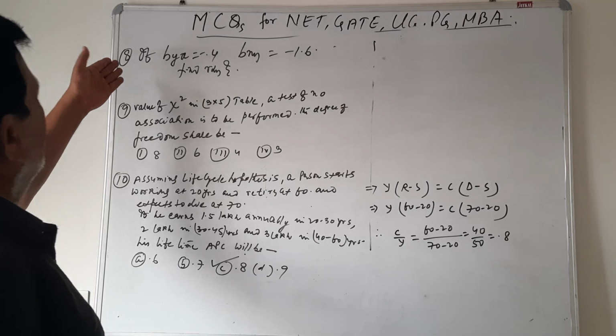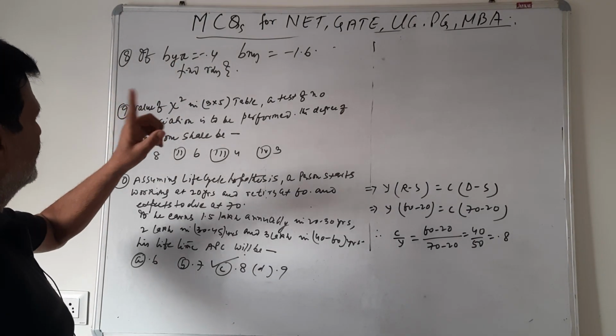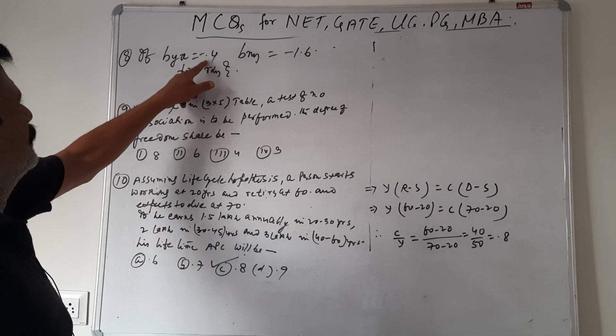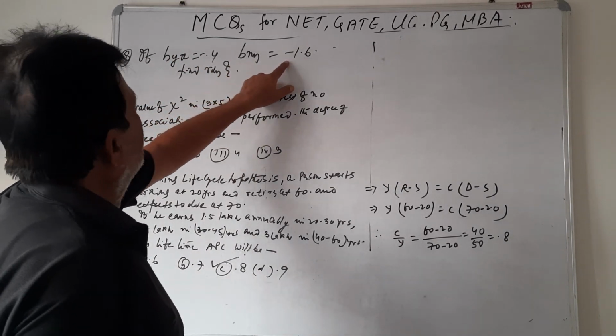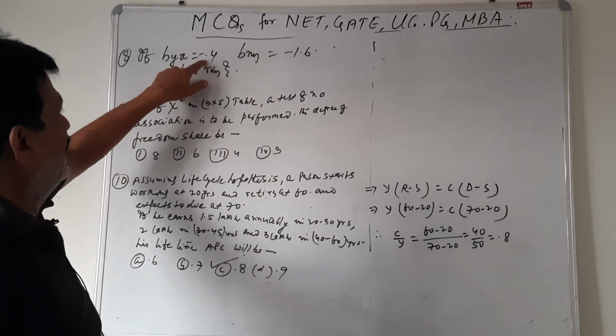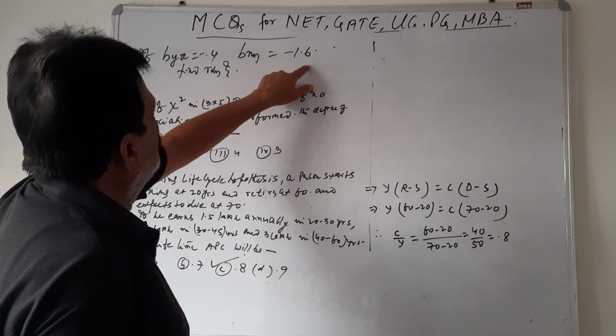Our eighth sum is: if byx is 0.4, that is, the regression coefficient of y on x is 0.4, and the regression coefficient of x on y is minus 0.4, sorry, minus 1.6. Mind it, the sign is negative.